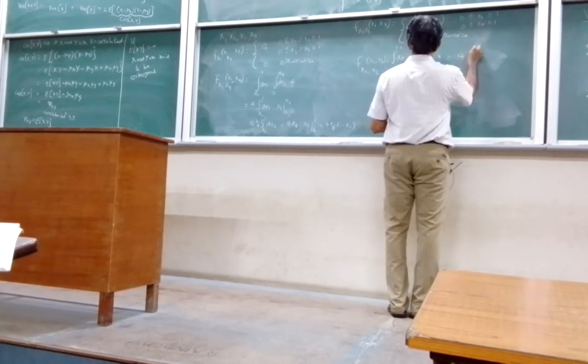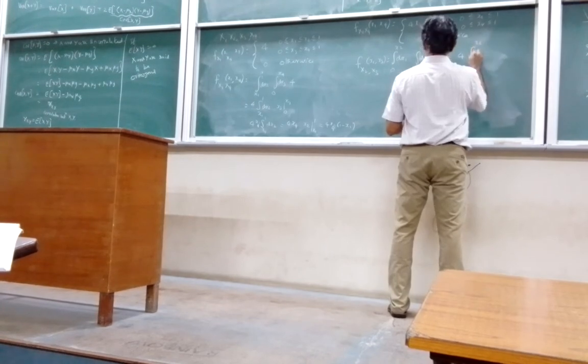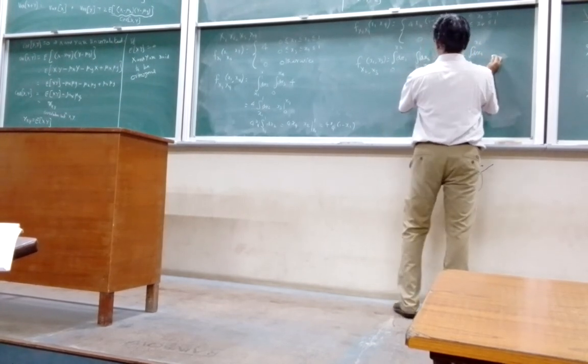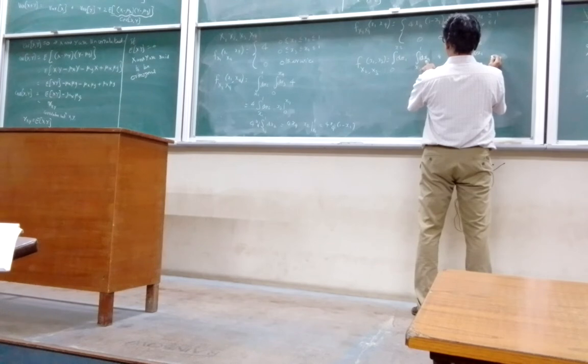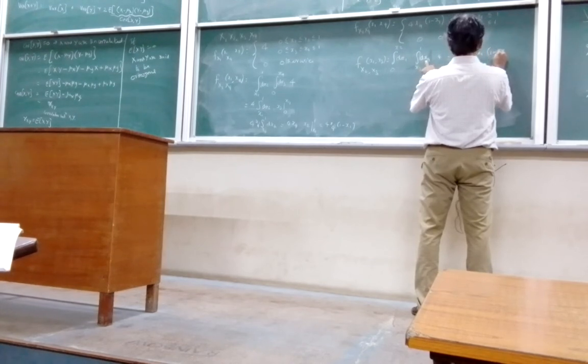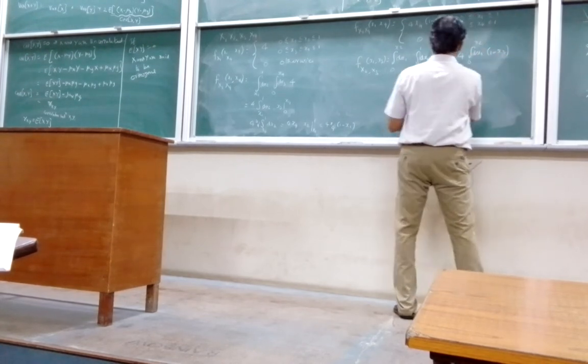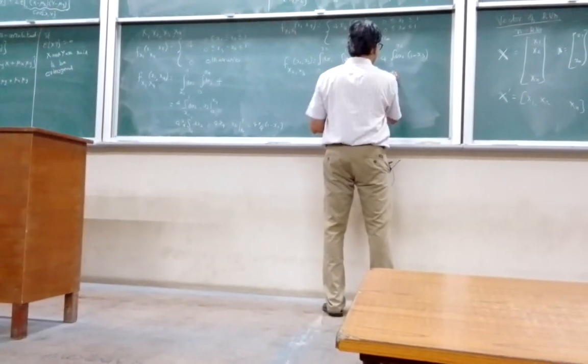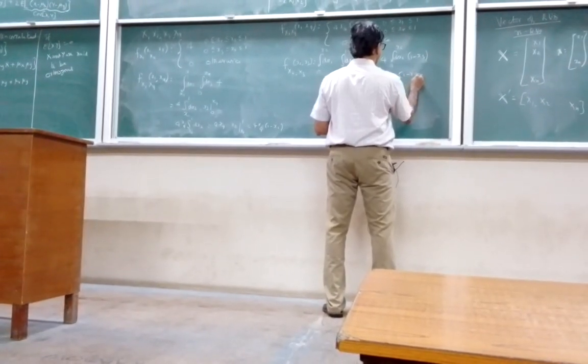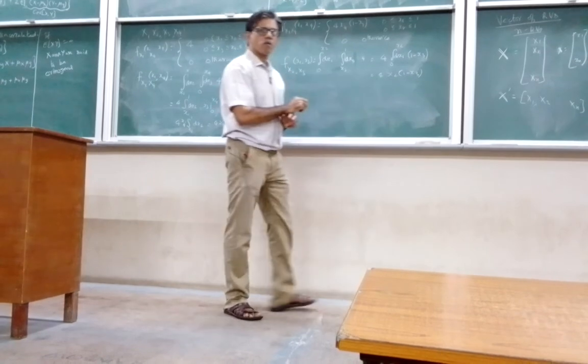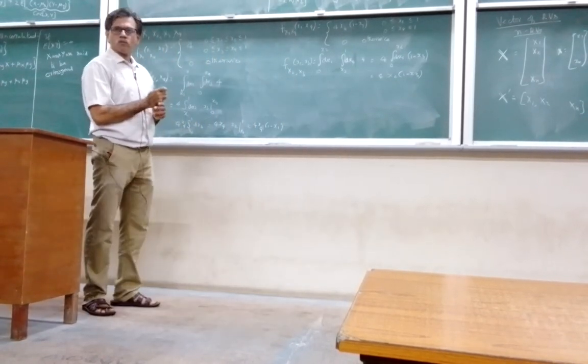So you will have 4, and this is nothing but x4 into 1 minus x3, and then you will have x2 into 1 minus x3. Like that you will have.